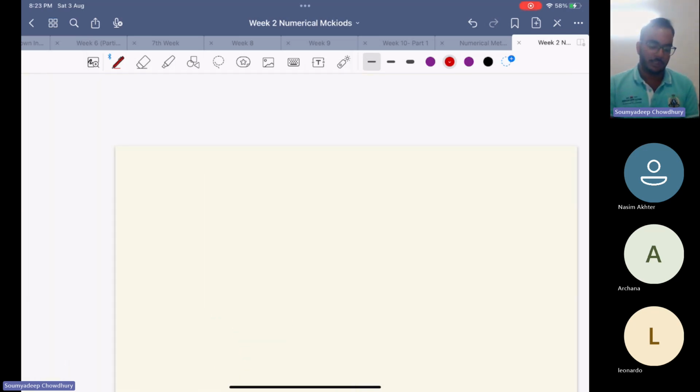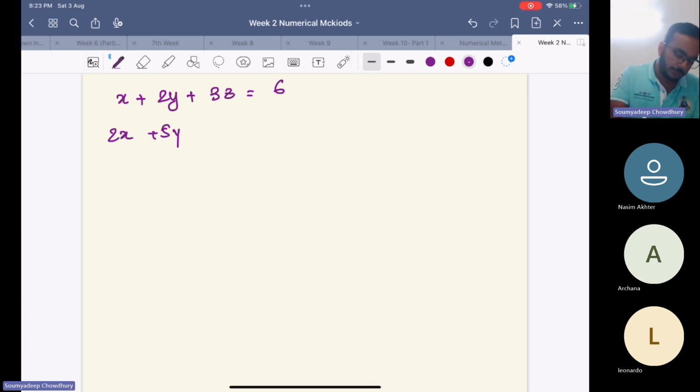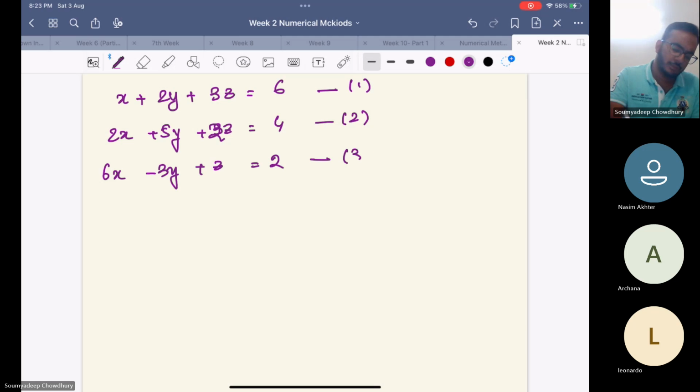It is a bit lengthy method. I'll show you how to do it. Suppose I take the same matrix. X plus 2y plus 3z equals 6. 2x plus 5y plus 2z equals 4. 6x minus 3y plus z equals 2.